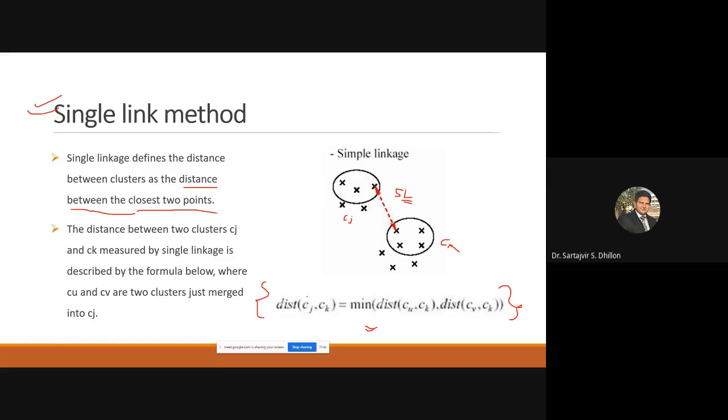This is an operator which is used to compute the distance between these two clusters, and we have to find the minimum distance between the clusters. For example, this one is the first cluster and this one is the second cluster. So this is the equation, and we will try to cover this equation in the practical part.